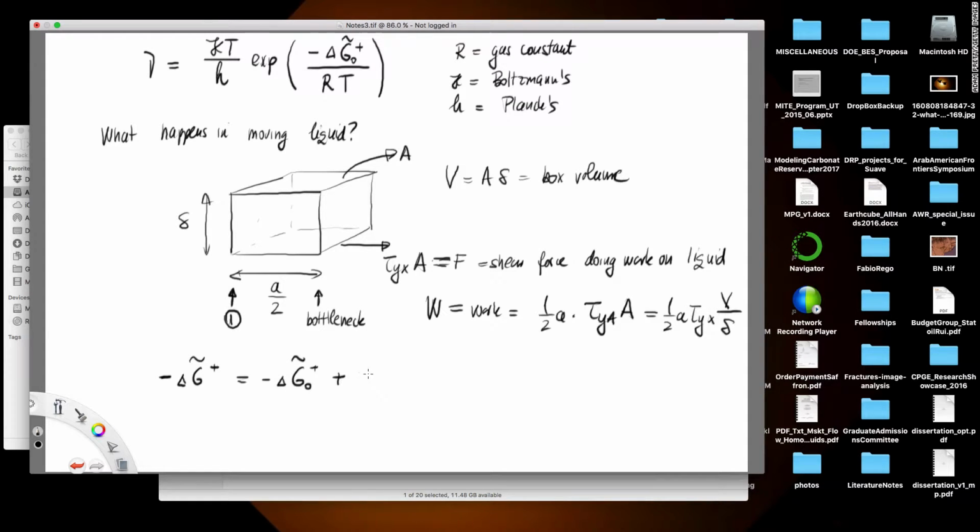So I'm just going to put a plus. And I'm just going to express this as a molar work, right? So I'm just going to normalize it the same way I'm normalizing the energy. So this is if jumping downstream.